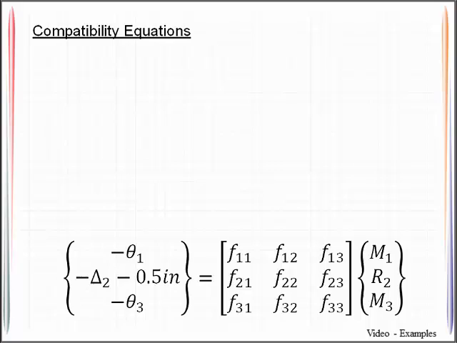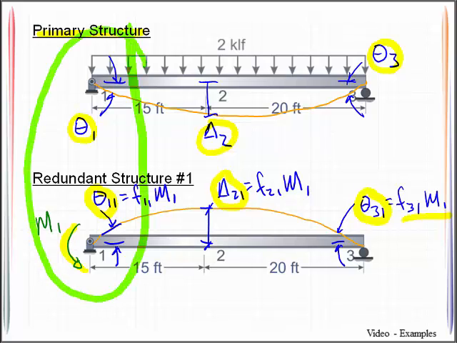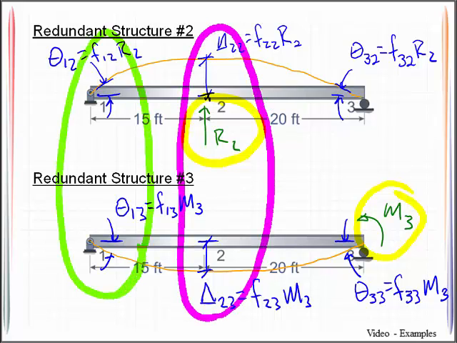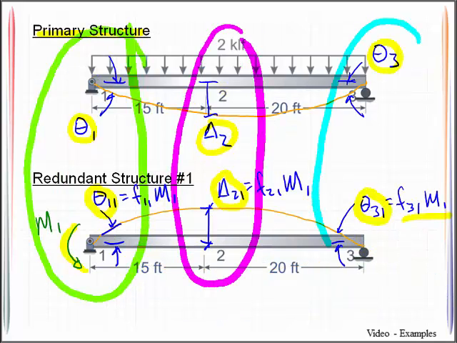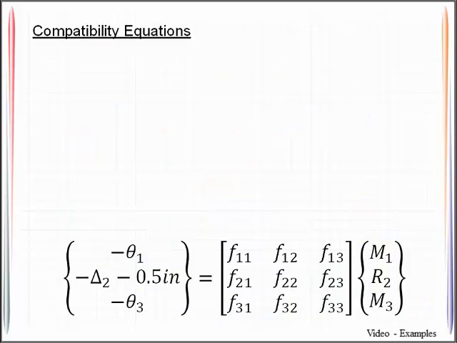The way those are developed is we will come back to our 4 structures, the 1 primary structure and the 3 redundant structures, and we will sum up all the rotations that occur at a particular location, or all the displacements that occur at a particular location. So let's look at the first one here.